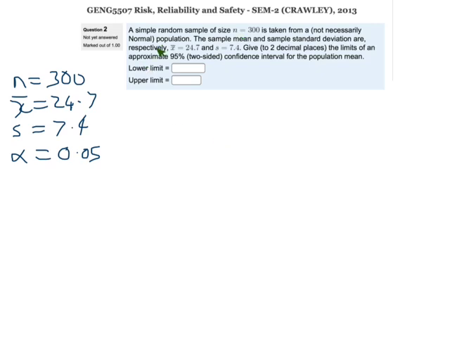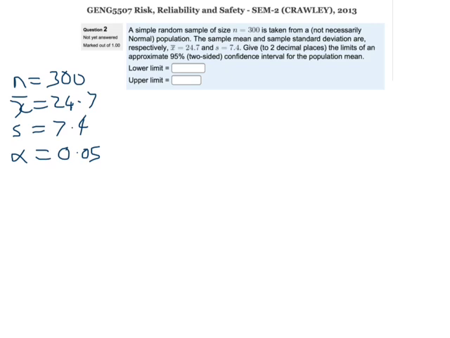So for these ones, what you'll find is that the result given for a non-normal population is always given as using the t-score, using degrees of freedom n-1. So in this case, 299. If you tried to look that up in your tables, that's obviously not going to be there. But if you went and used the biggest t-score, then that would probably be okay. And you'll see that the variation from the z-score can be around 5%. It's not going to be too enormous.